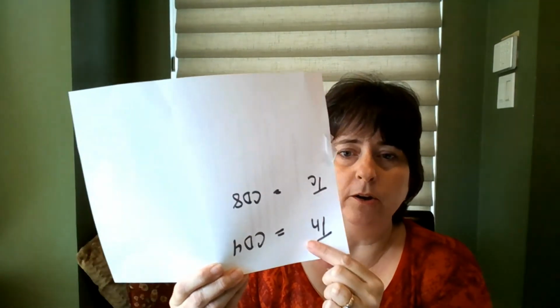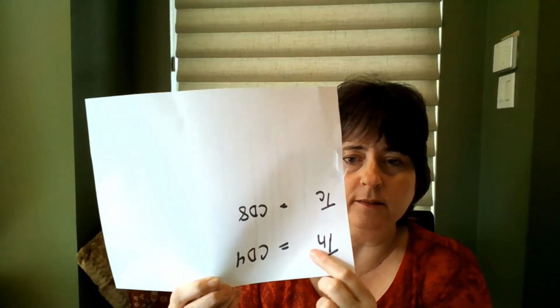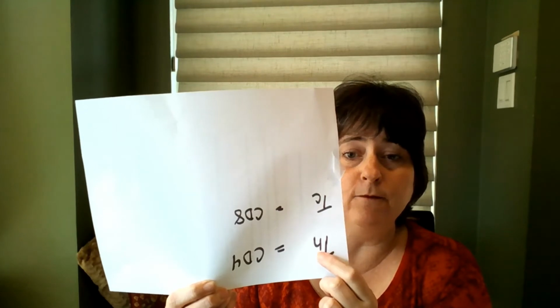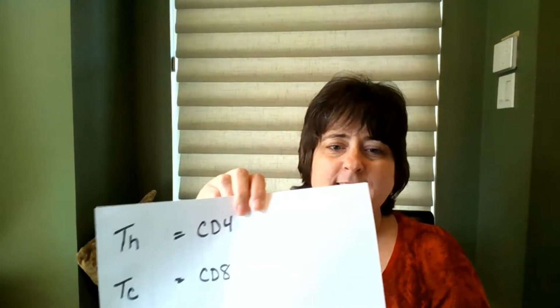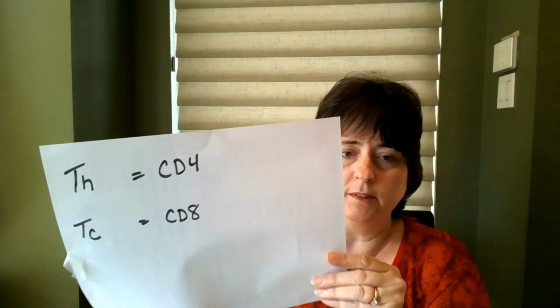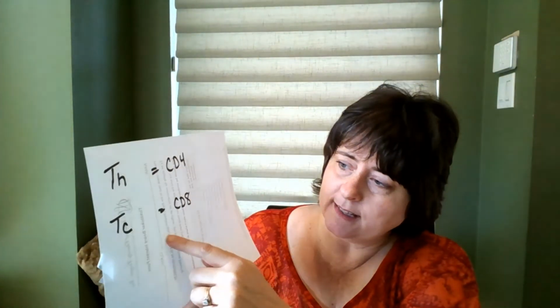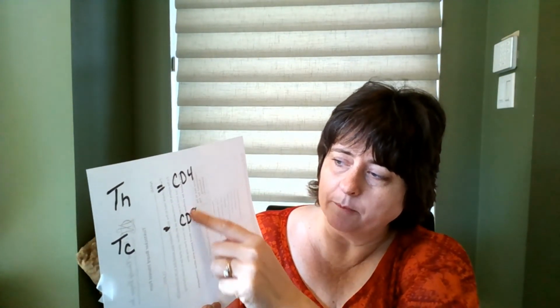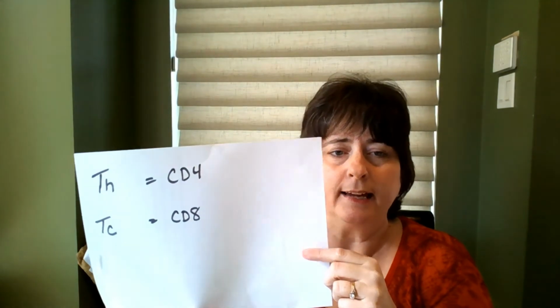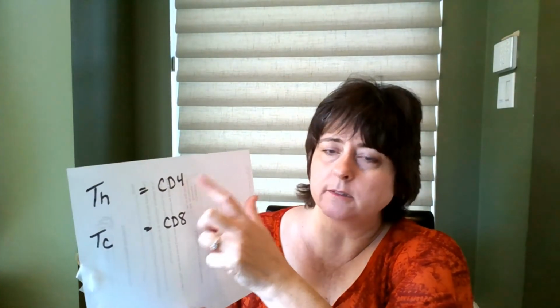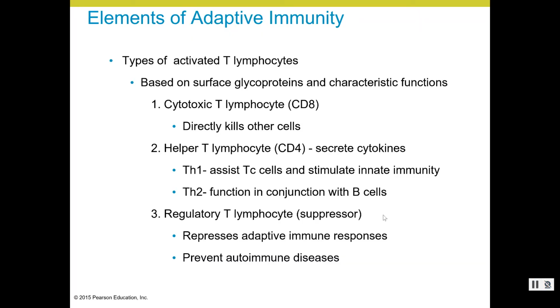So I know that T helper cells have CD4. Cytotoxic T cells, you can just think of those as the other ones, or you can take this C in the cytotoxic and make it into circles to make your CD8. But T helper cells are also called CD4 cells. Take the H and flip it upside down, you have that.